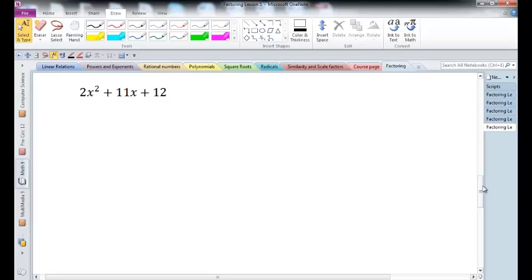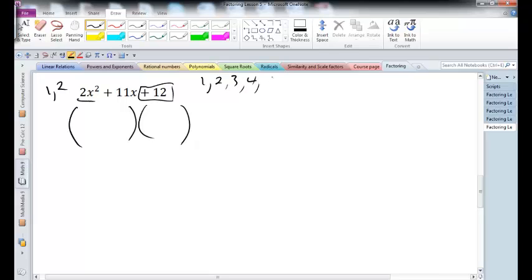2x squared plus 11x plus 12. We make our brackets for our two binomial factors. We break this number into its factors, 1 and 2. And then we break the constant into its factors, 1, 2, 3, 4, 6, and 12.